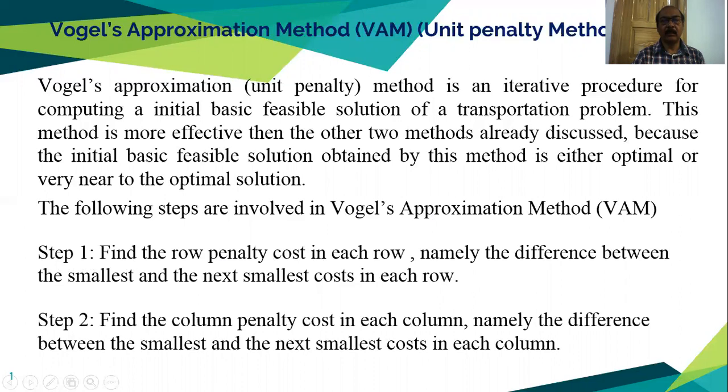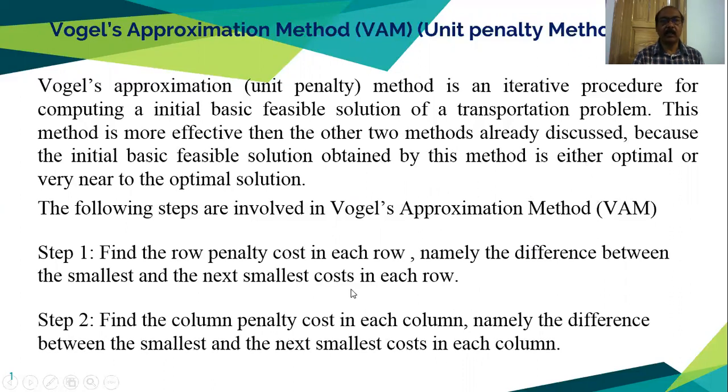First we find the minimum and next minimum row wise and find the difference of them. That positive difference is known as the row penalty. So for each and every row we select the minimum and the next minimum, find the difference of them and take the positive value. This is the row penalty.